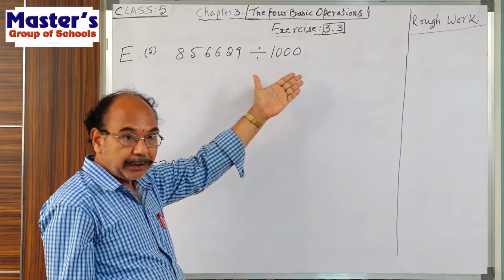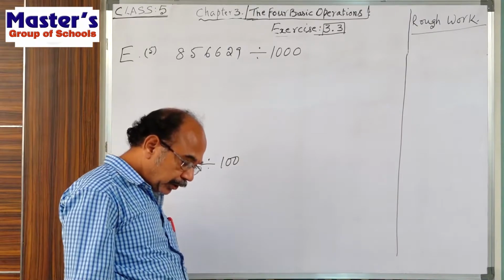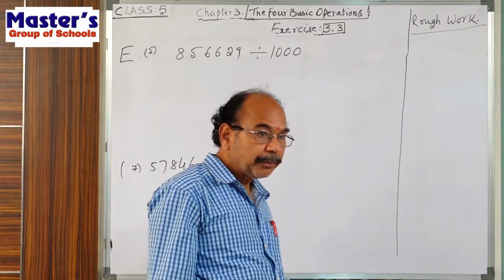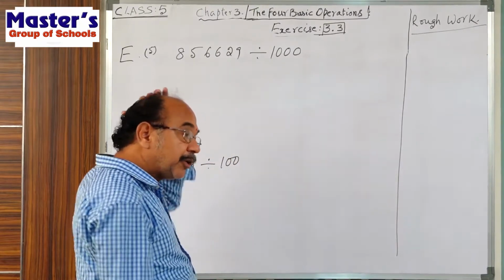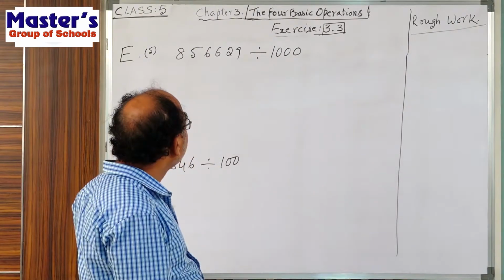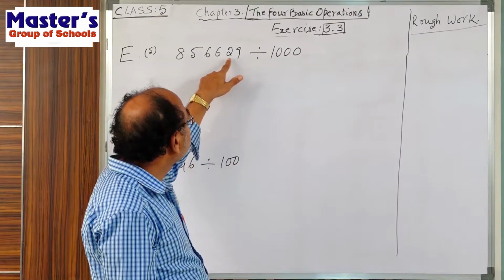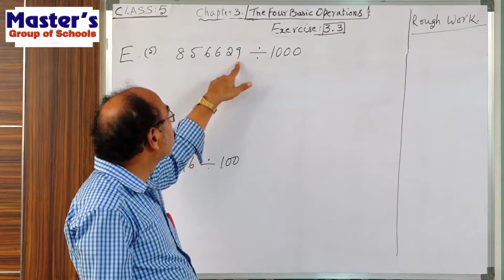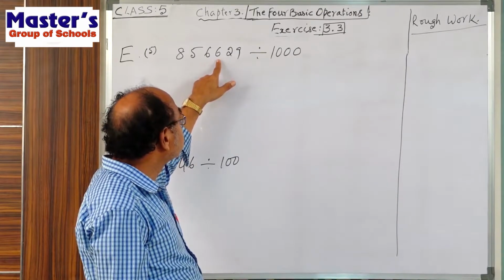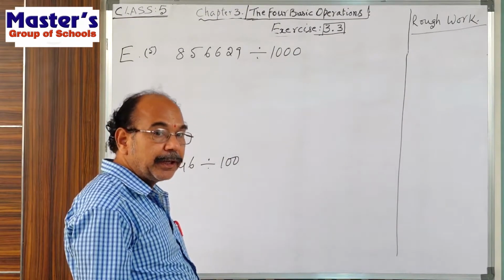Now the number is to be divided by 1000. So, division with 1000. We can use the properties of division. In the properties of division, once I told you, what is that fact? If any number is divided by 1000, then the digits in the hundreds place, tens place, and ones place go to the remainder.